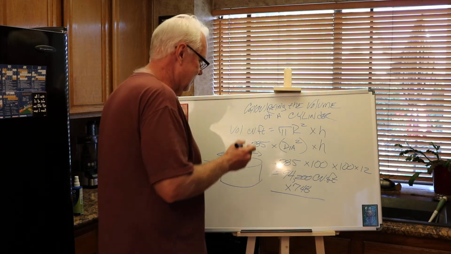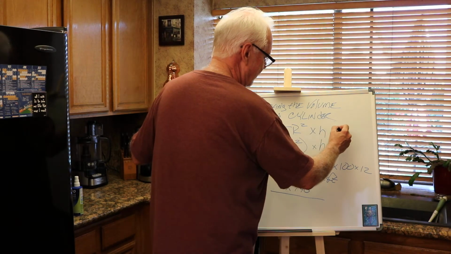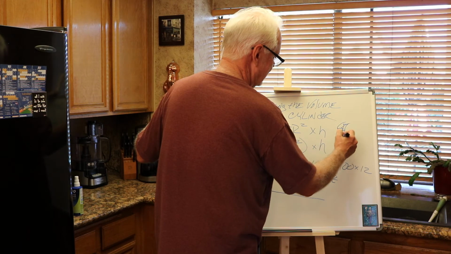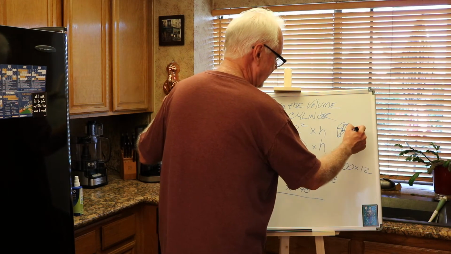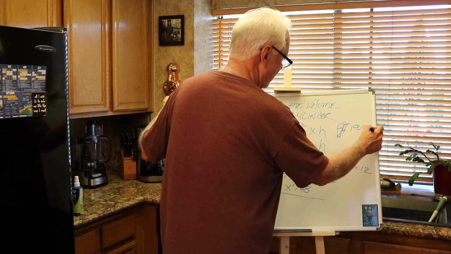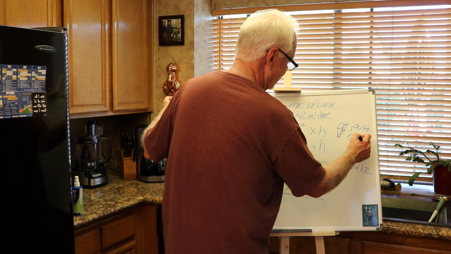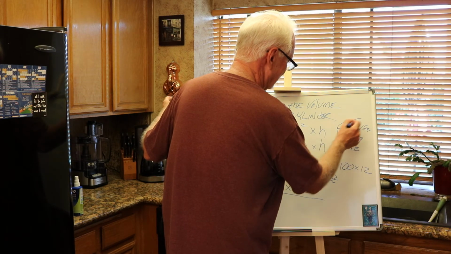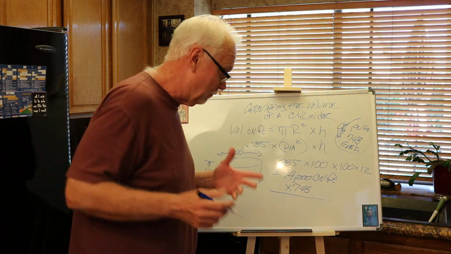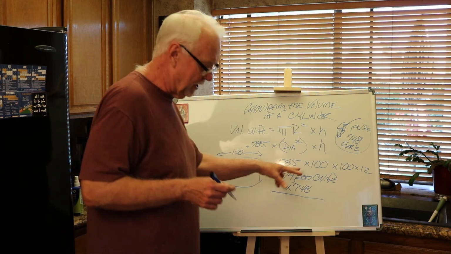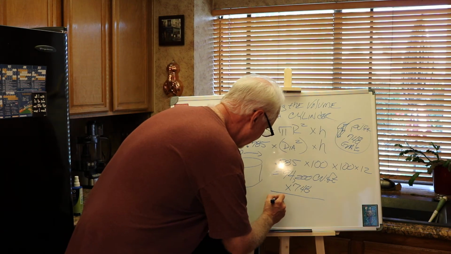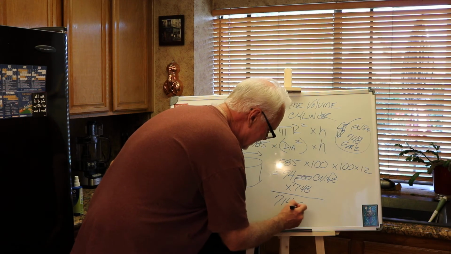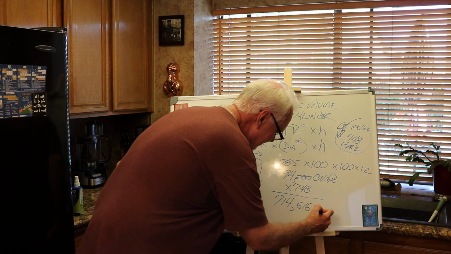So if I had a 1 foot by 1 foot box, 1 cubic foot would have 7.48 gallons in it. So hopefully that makes sense. 1 cubic foot equals 7.48 gallons. Okay, when I multiply these two numbers together, I get 714,616 gallons. Okay?